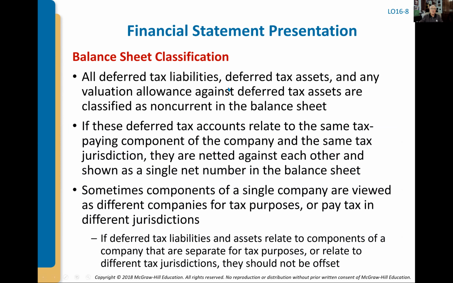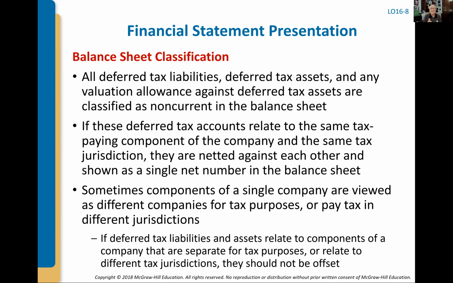Another change we had recently, and this is a great change, is that all DTLs and DTAs are considered non-current. I just applauded the FASB when they did this, because you used to have to go through all your DTAs and DTLs and decide when they're going to reverse. And if they're going to reverse in the next 12 months, the next year, I've got to make those current.